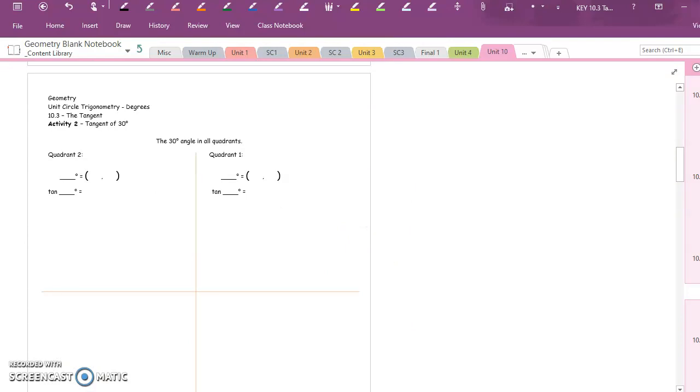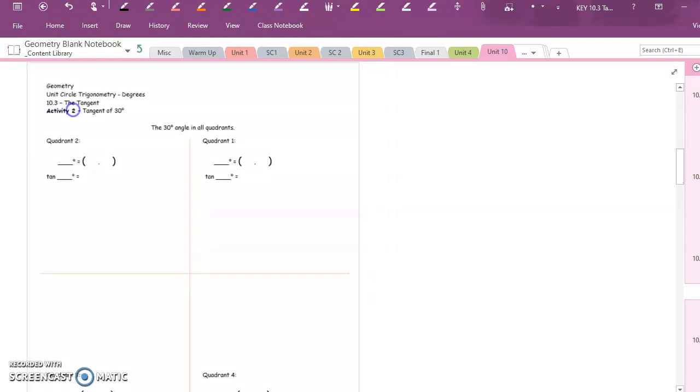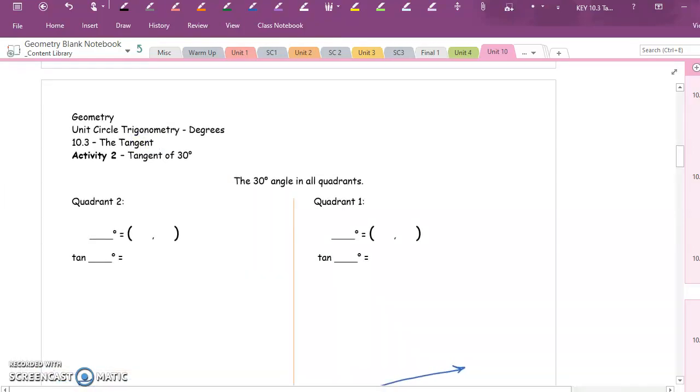Let's take a look at tangent of 30 degrees. Now my 30-degree reference angle stays right at the base of my graph, so right in the middle. 30 degrees, we're going to take a look at our left hand, put down our 30-degree finger.